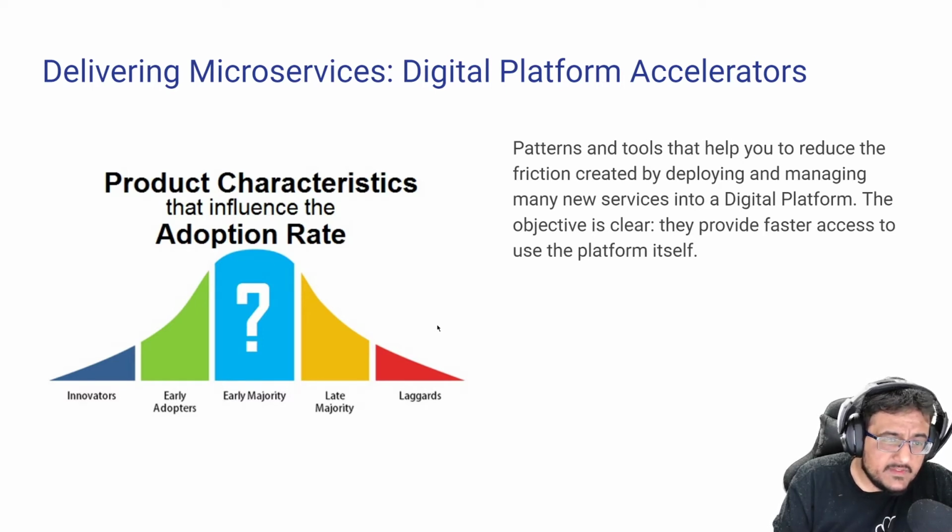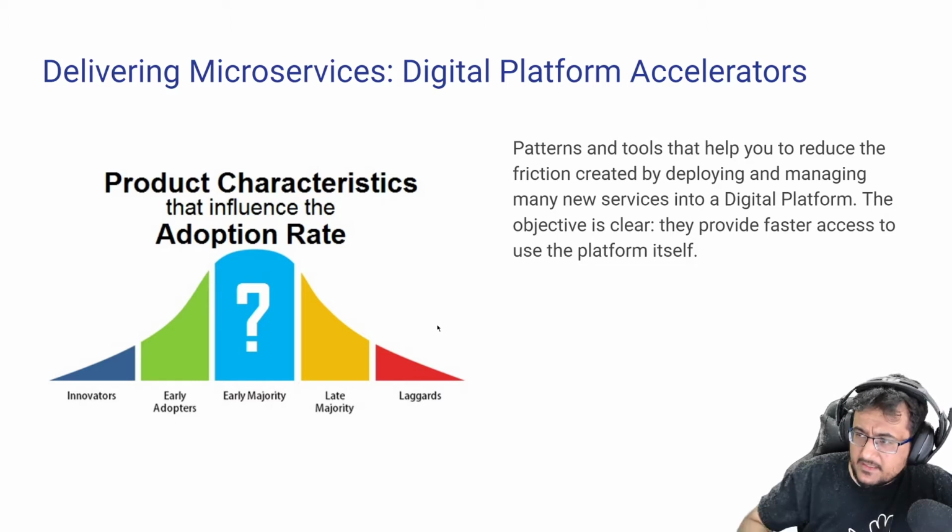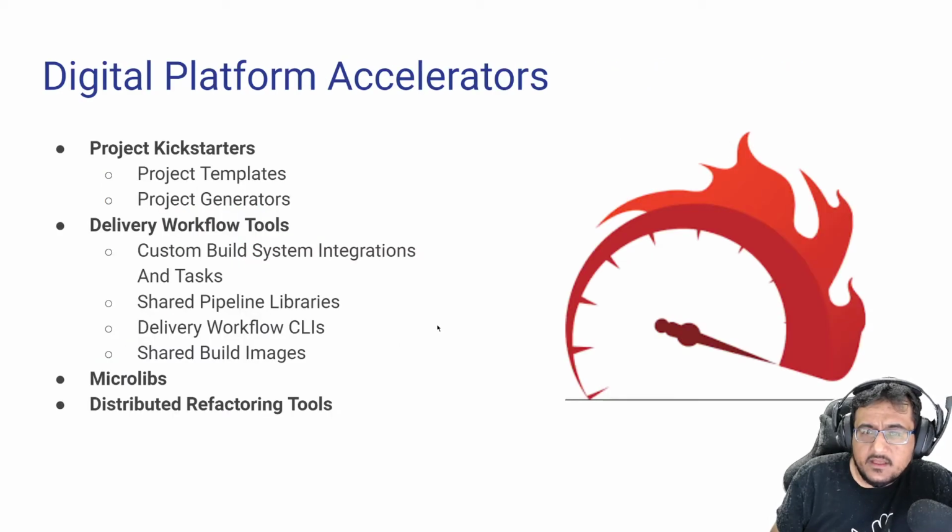But the idea is that it will be a curve, right? Not everyone will jump on the wagon at first, but eventually what you want is to keep people as early adopters, adopting the stuff that you put in the platform as fast as possible. And that's the idea of the accelerator. It's basically helping people adopt those characteristics.